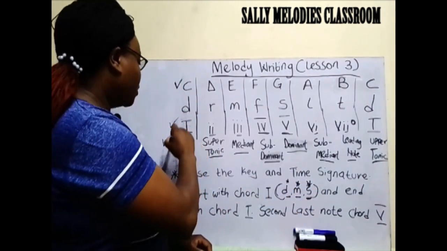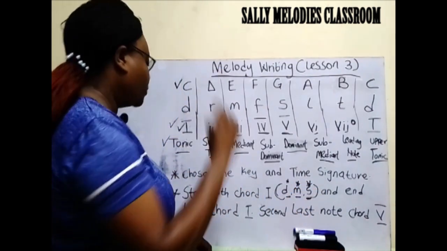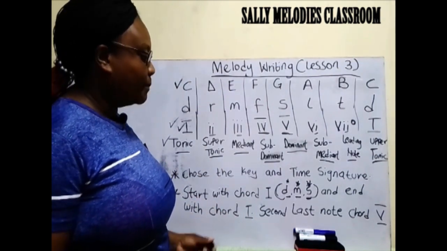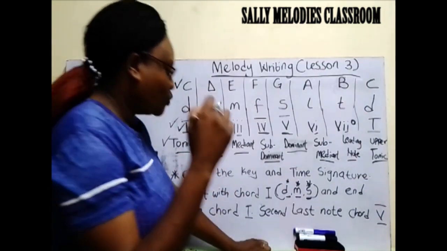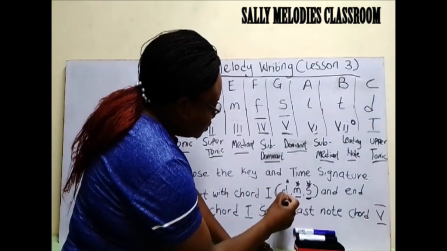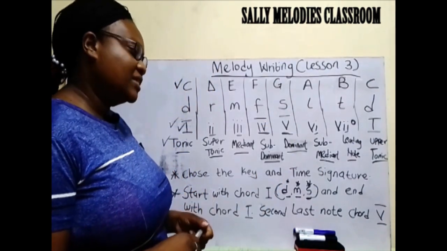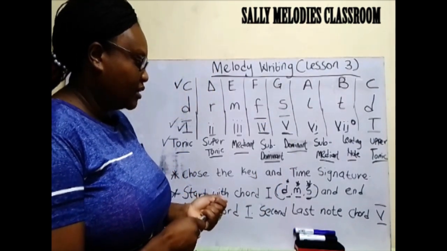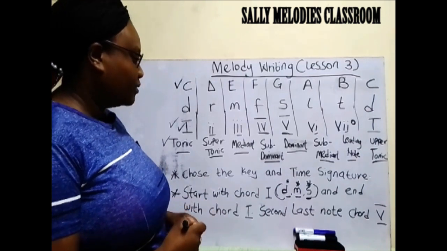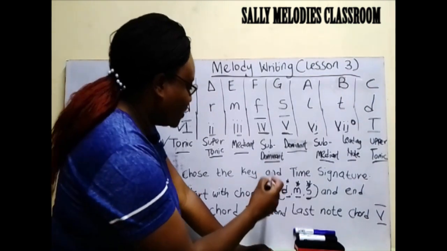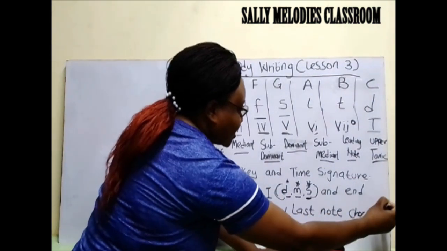Those are members of chord 1. We are going to make triads and chords and see how they relate. But at this point, ensure that your song either starts on a do, a mi, or a so, because that is a very strong chord. And then at the end there, ensure that it also ends with chord 1, which is a do.